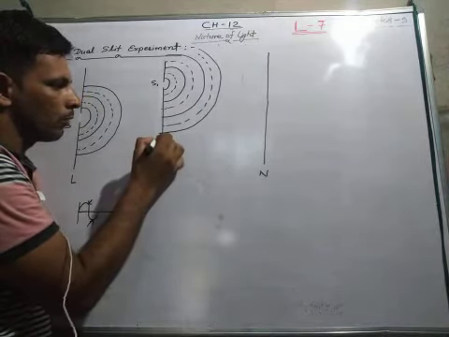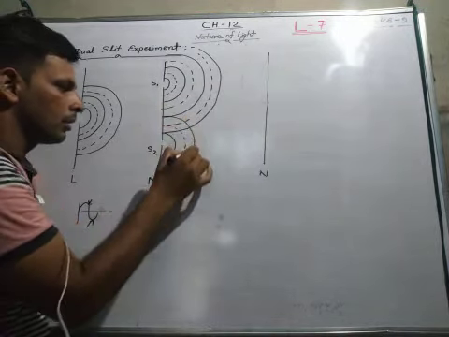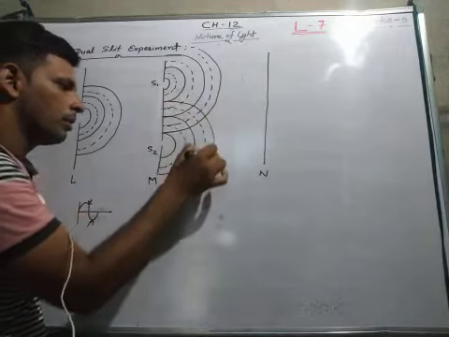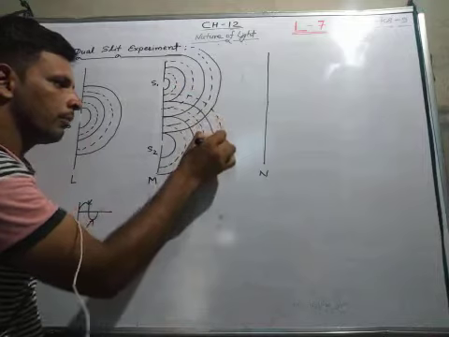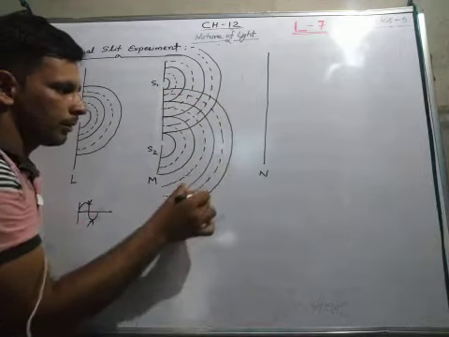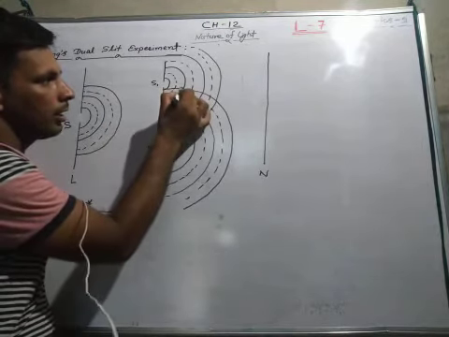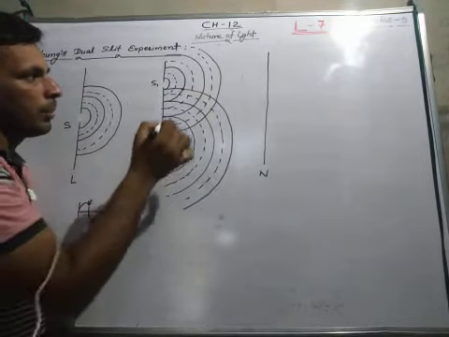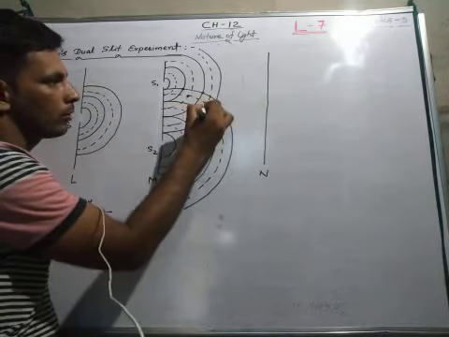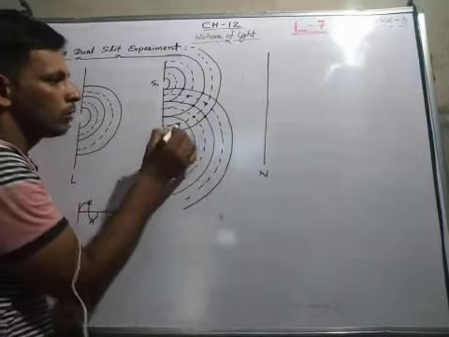Now we see that crest intersects crest and trough intersects trough.